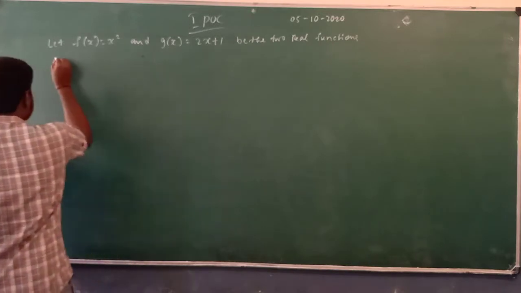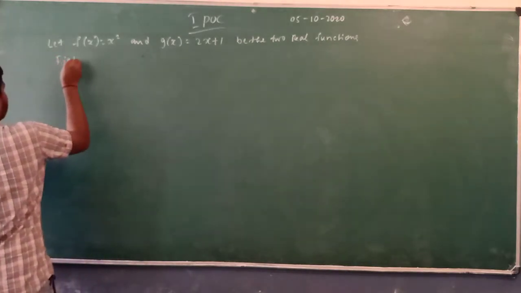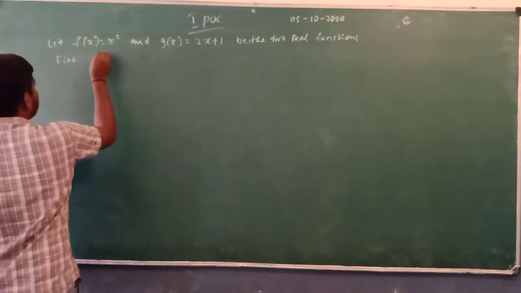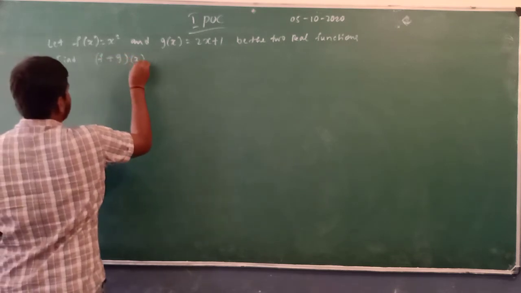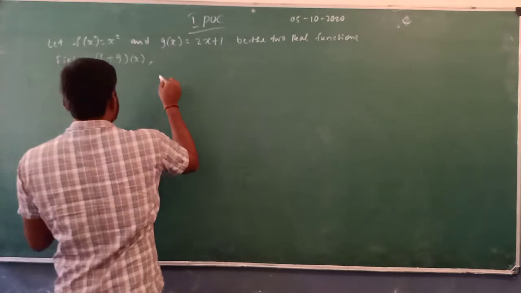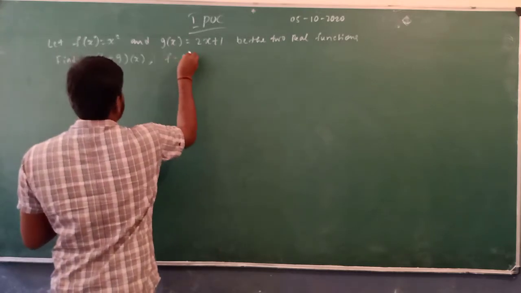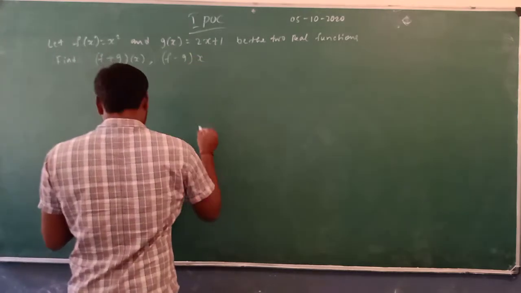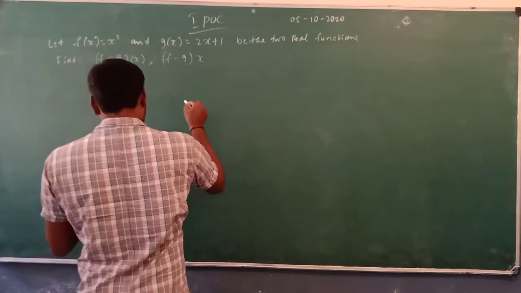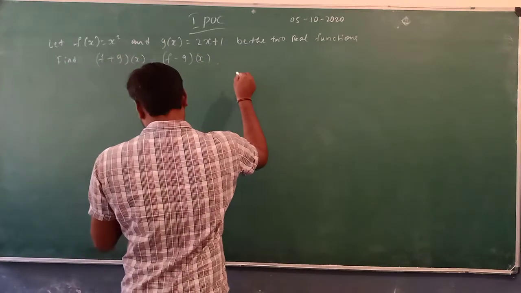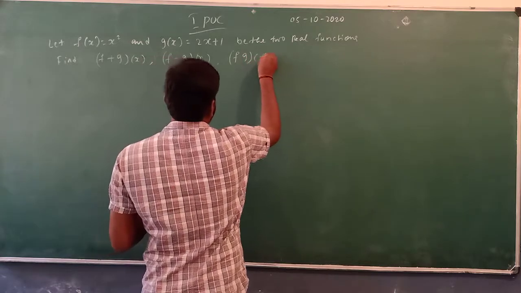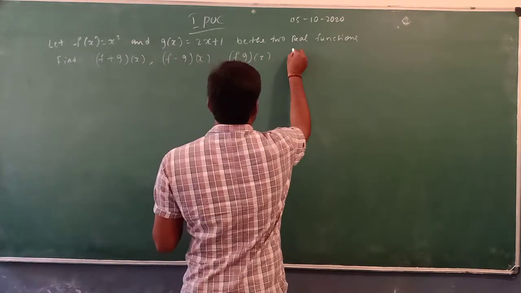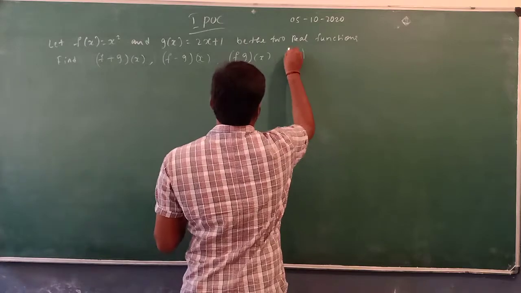Find (f plus g)(x), and (f minus g)(x), and third one, (fg)(x), and fourth one, (f by g)(x).